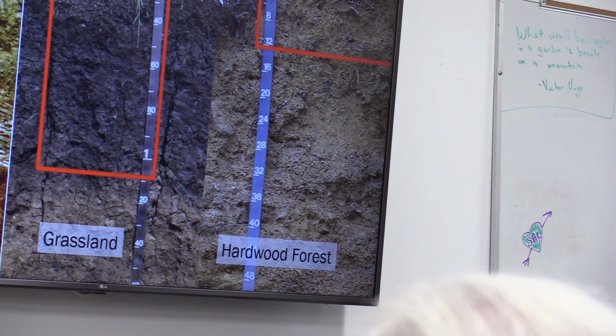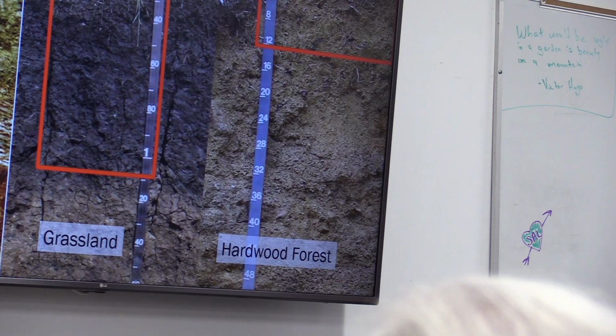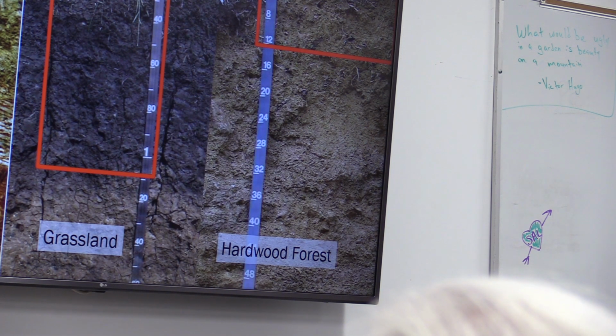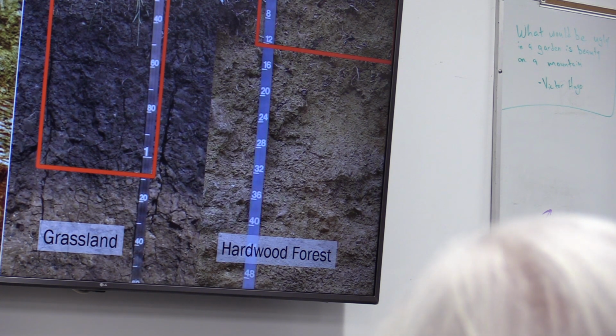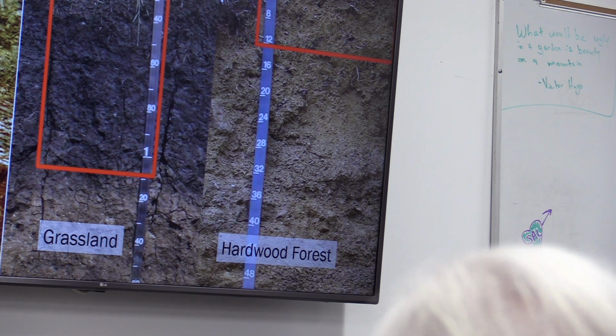And why would the hardwood have a thicker O than the pine? The pines usually have a thicker O, oh, the pines are. Because the acidity alters how quickly the fungi and bacteria can decompose things. So it builds up into this thick duff layer, is what it's called, where it's still pine needles. Because I would think that the deciduous trees, since they lose their leaves every year, would have more.